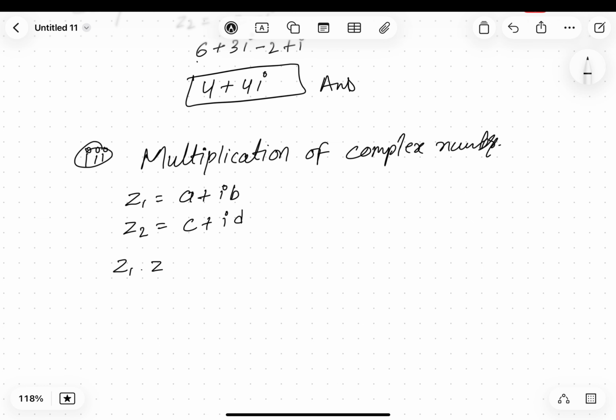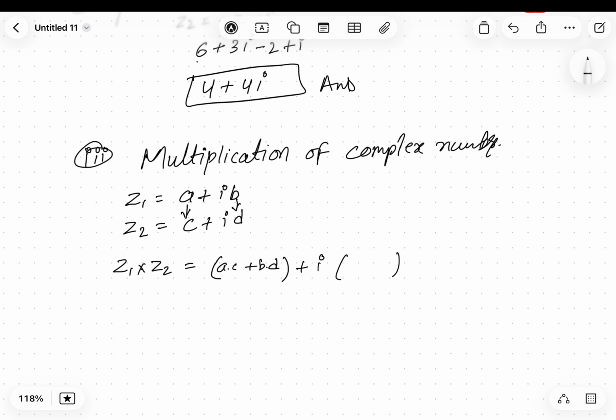z1 into z2 equal to, we will do something, then we will plus iota, and then again we will do something. So here we will write a into c, a into c minus b into d.